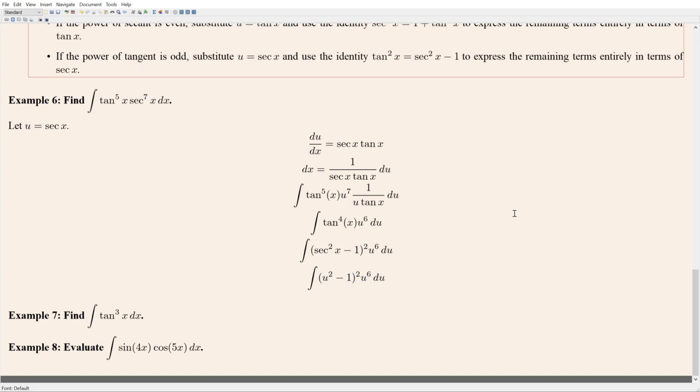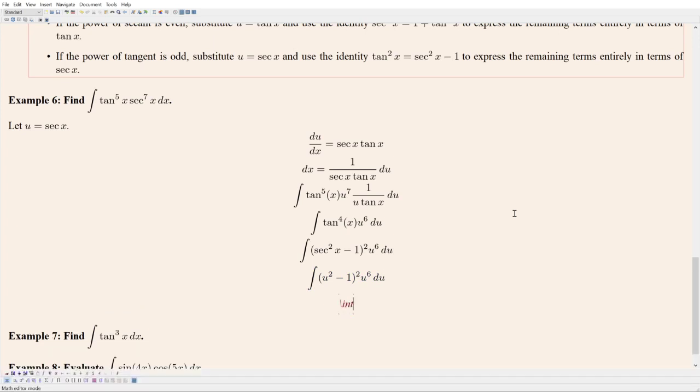So now all we need to do is FOIL that out and then hit it with the power rule. So let's see, that becomes u to the 4th minus 2u squared plus 1, times u to the 6. So if we take that u to the 6 and distribute it through, we obtain u to the 10 minus 2u to the 8 plus u to the 6.